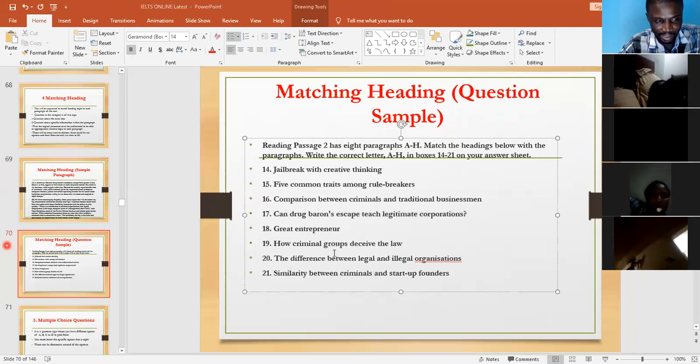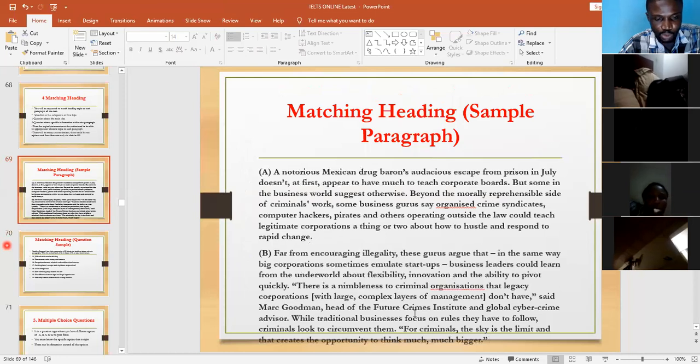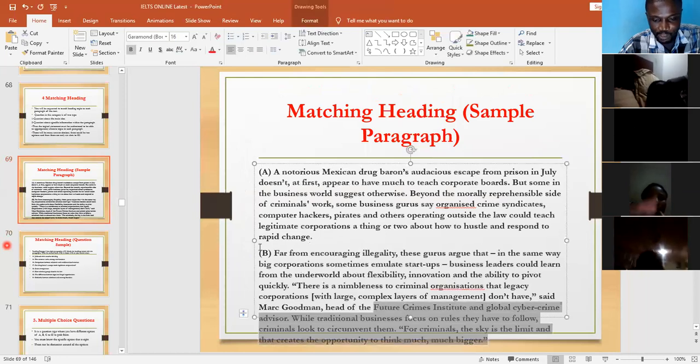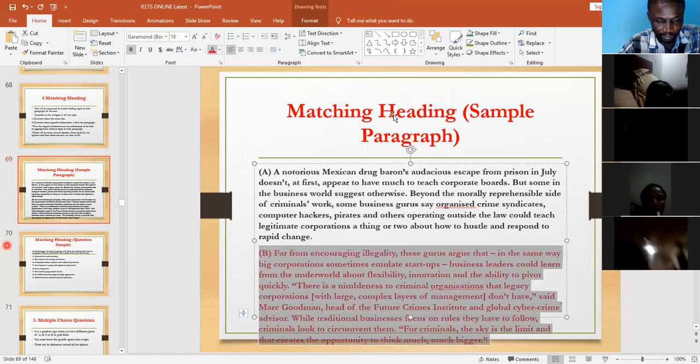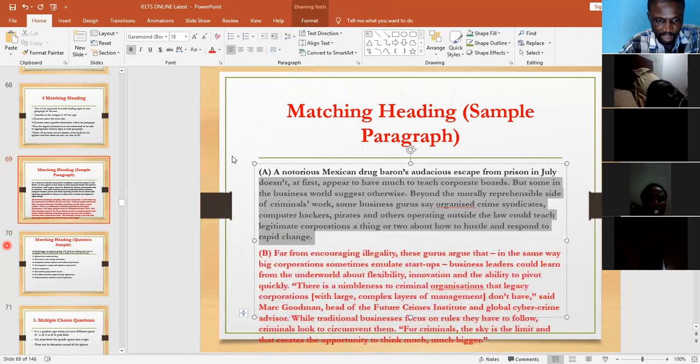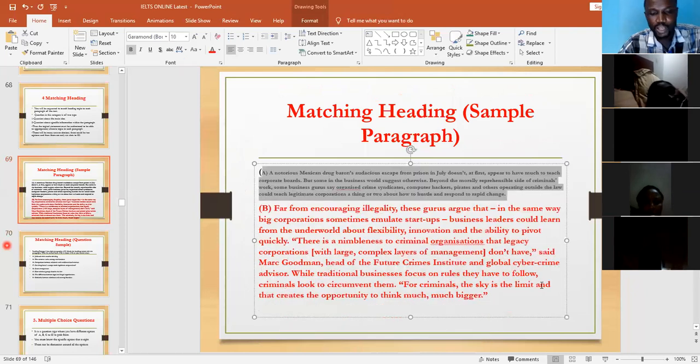So you will read passage B. Let me highlight it properly so that you can see it. Let me reduce the font of passage A. So look at B. I'm giving you 2 minutes from now.